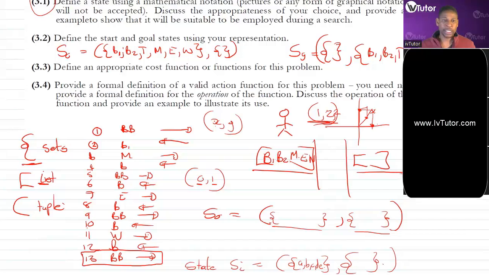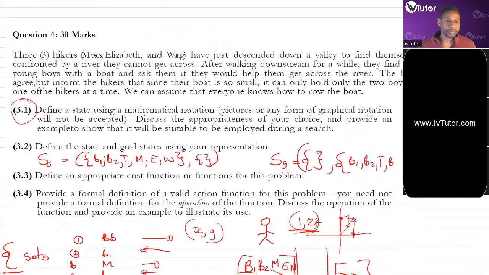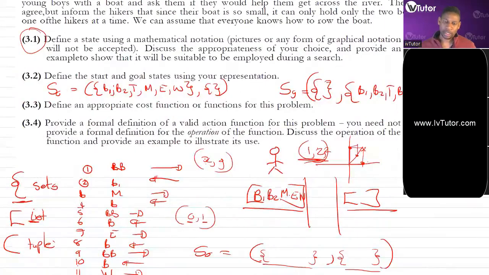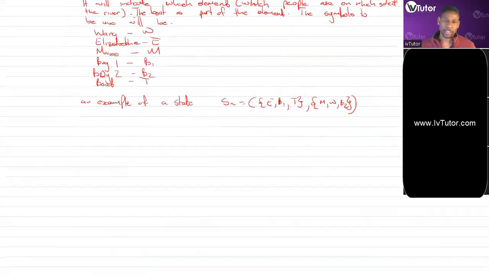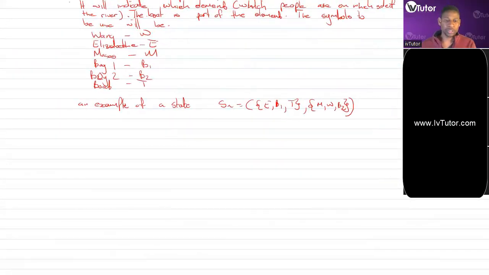So the definition of the goal state. Here we need to be clear again, because the goal is for the hikers to cross. So it actually can end as soon as the 3 hikers are across, because what the boys do doesn't matter.